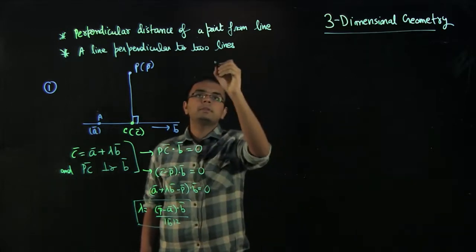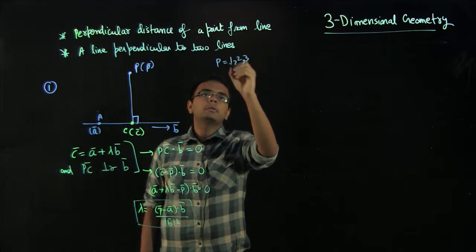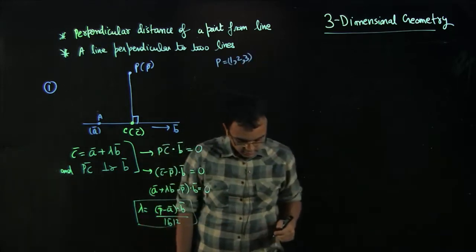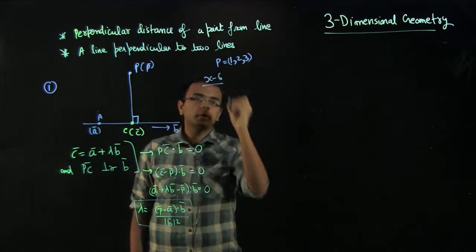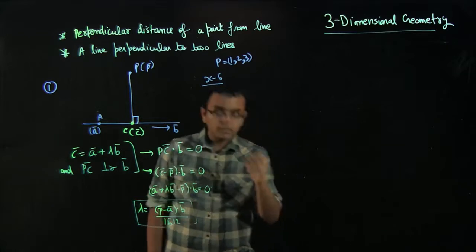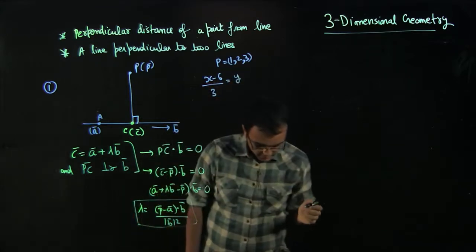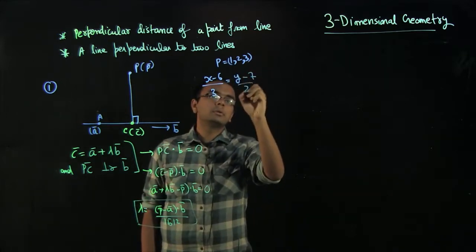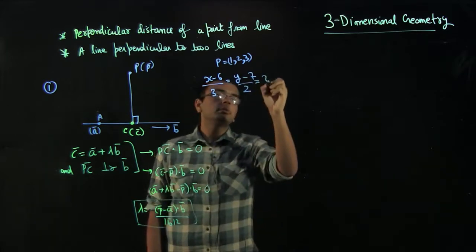We have been given P as (1, 2, 3), and the line is (x minus 6) by 3 is equal to (y minus 7) by 2 is equal to (z minus 7) by minus 2.